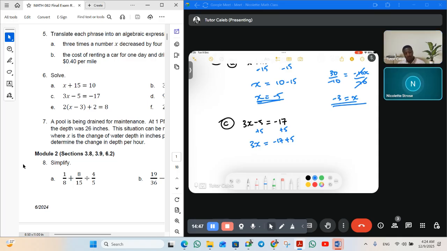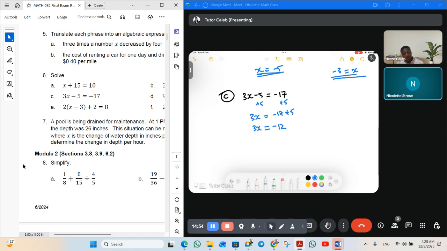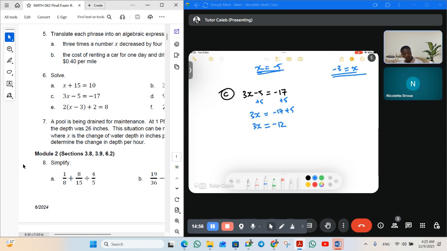So that's 3x equals negative 12. And then we divide 3 on both sides. Correct. And so that's x equals negative 4. Correct.